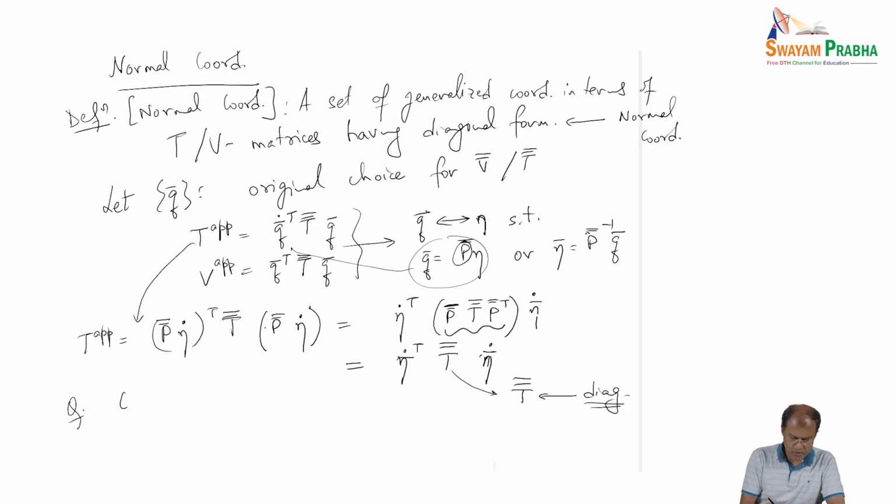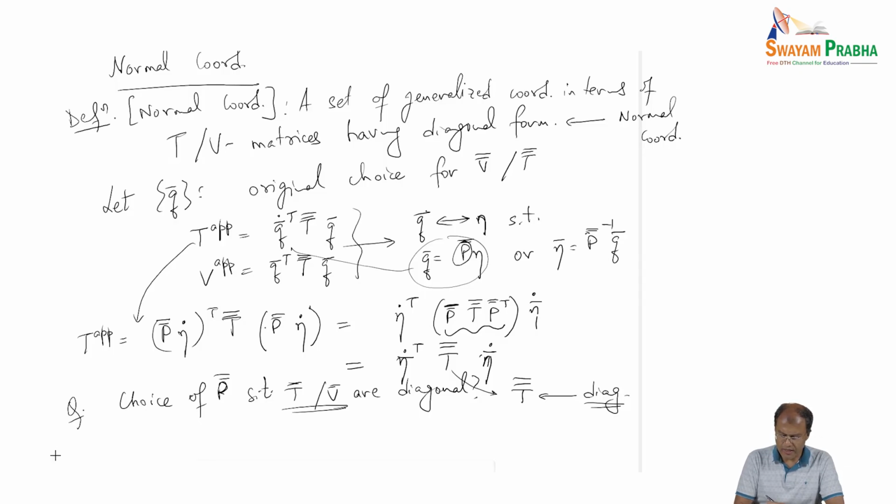So the question now is what should we choose for this matrix P such that T becomes diagonal. This question is about the choice of P such that T and V are diagonal, and we would like that.